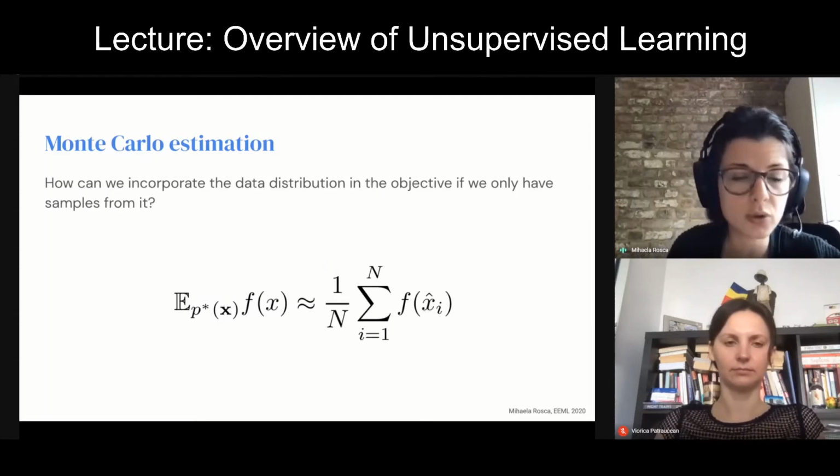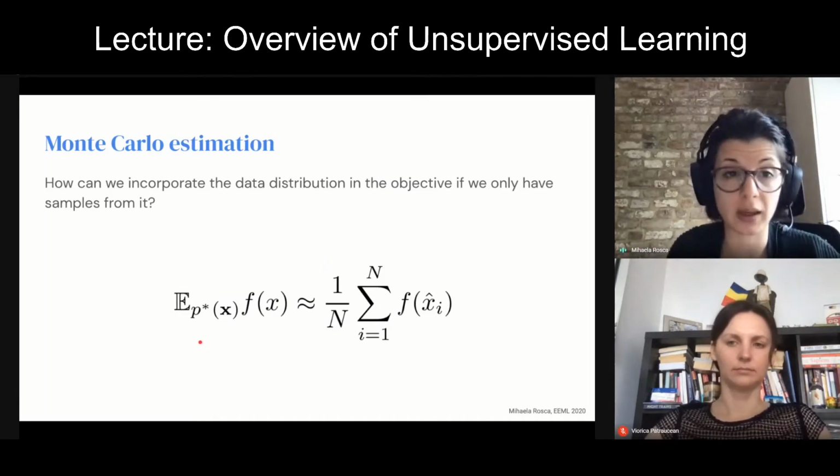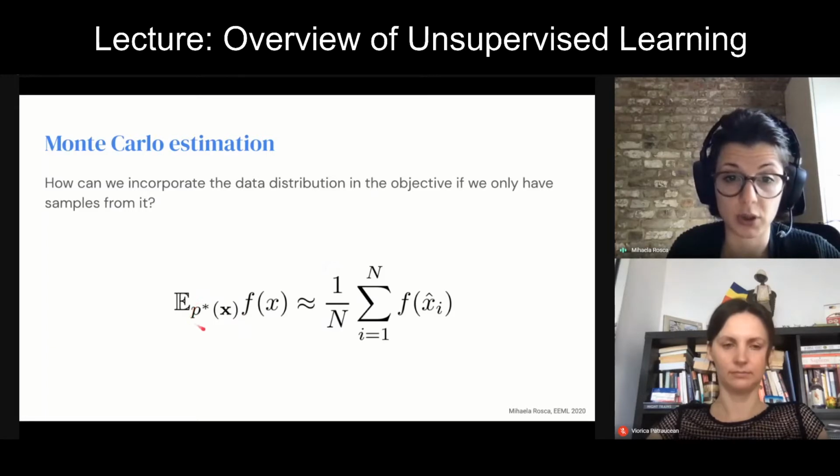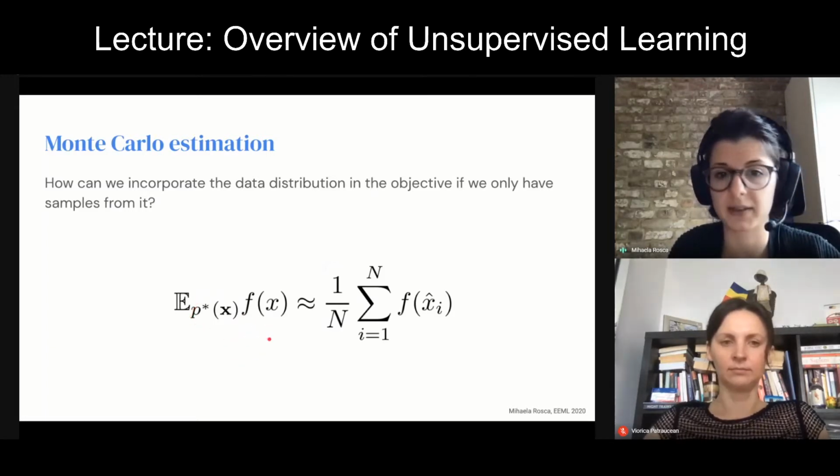So we will use the kind of objectives that allow us to incorporate the data distribution only through expectations. So every time we have an objective, we will try to look for objectives that look like this. We have an expected value under the true data distribution of a particular function. So this is the integral of P star of x, f of x dx.